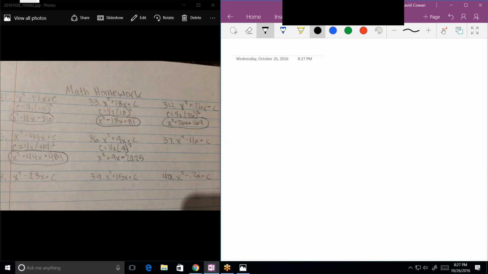Is this a point 2 in number 40? Oh, number 40. Yeah, it's 0.20x, so let's do that one in the last couple minutes here. Complete the square on that.